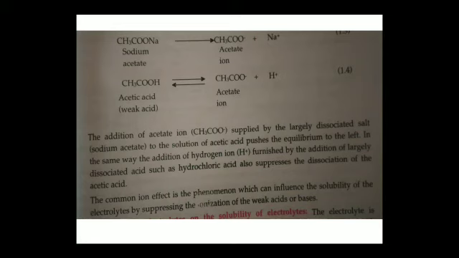Addition of acetate ion supplied by the largely dissociated salt to the solution of acetic acid pushes the equilibrium to the left. In the same way, addition of hydrogen ions furnished by largely dissociated acids such as hydrochloric acid suppresses the dissociation of acetic acid.